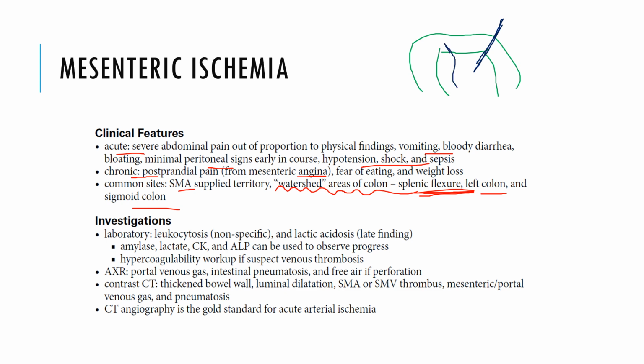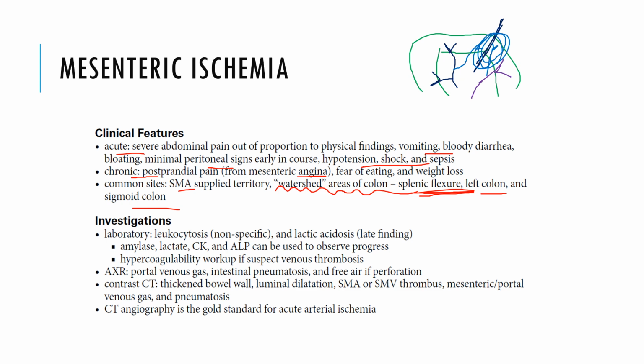Because the SMA is supplying the ascending and transverse colon, and the inferior mesenteric artery is supplying the descending colon. So this area is supplied by a branch of this as well as this, right? So the blood supply can easily be compromised in this area. That is called a watershed area, usually the splenic flexure. It can also be the left colon or sigmoid colon, another watershed area.